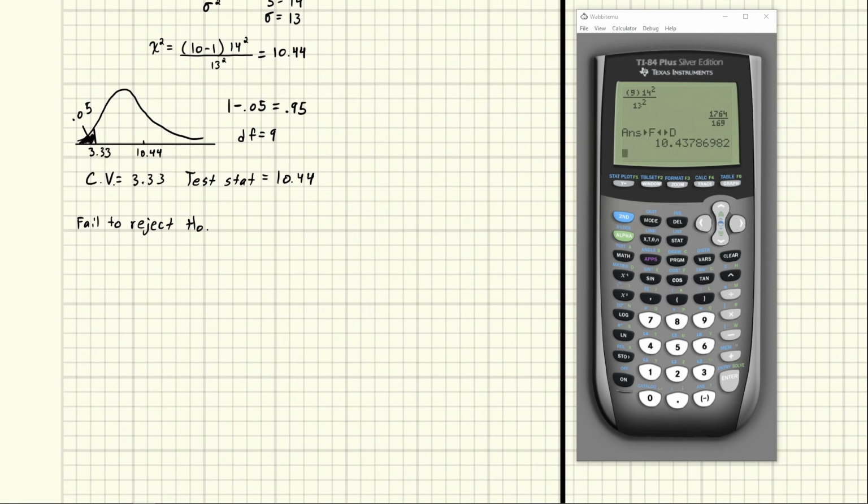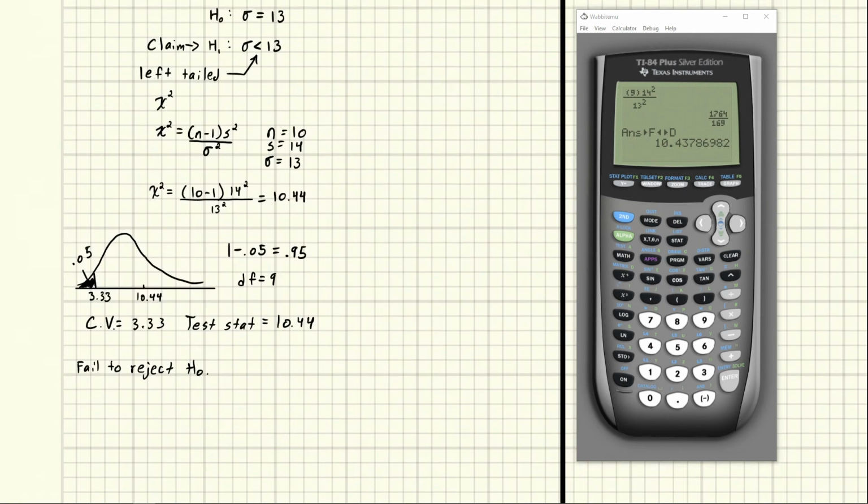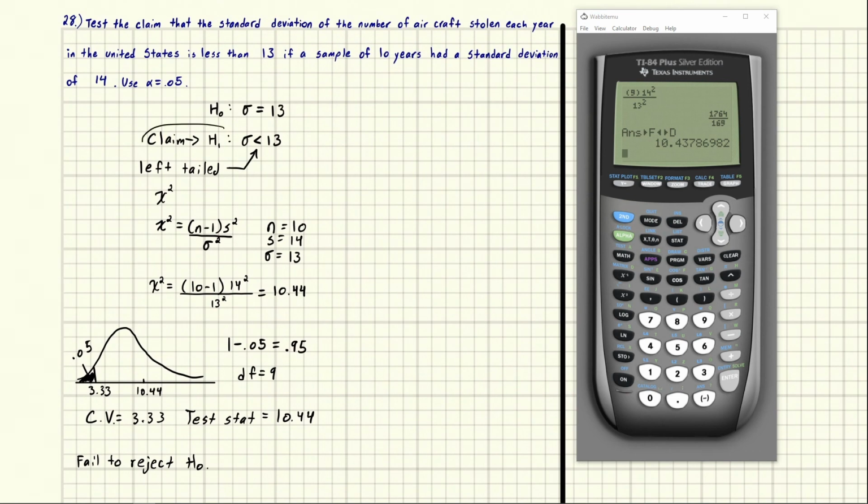And finally, we need to state something about the claim. So our claim was the second one. And here, we didn't reject the null hypothesis, meaning we thought the null hypothesis was correct. We have evidence to support this, which means that we did not produce evidence to support the claim. Remember, we have to talk about the claim.